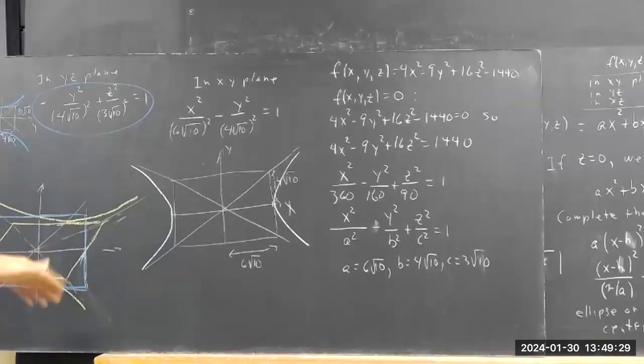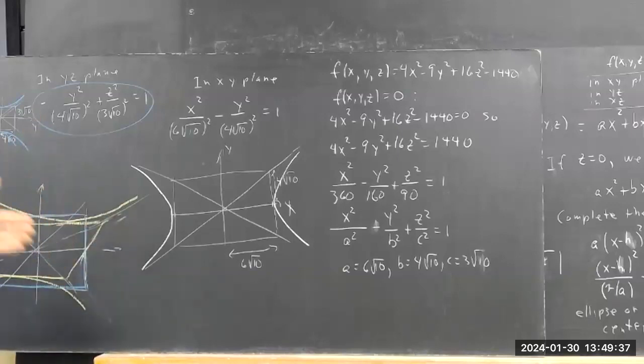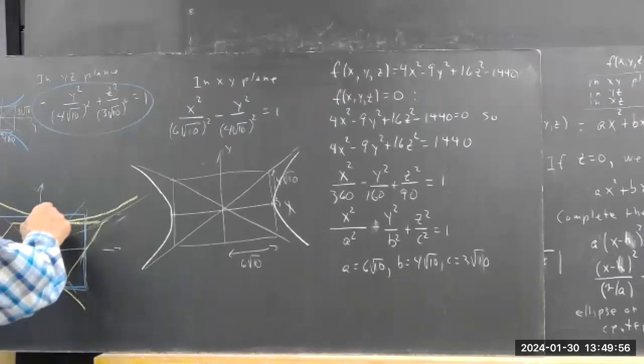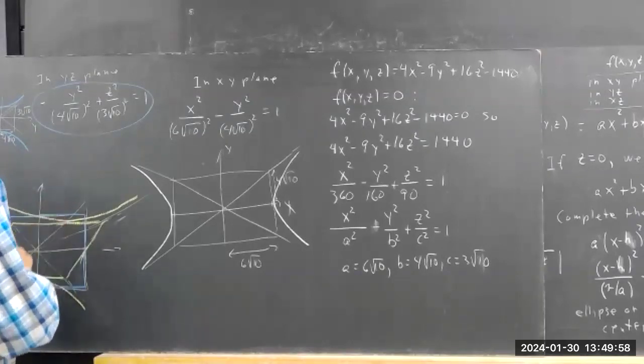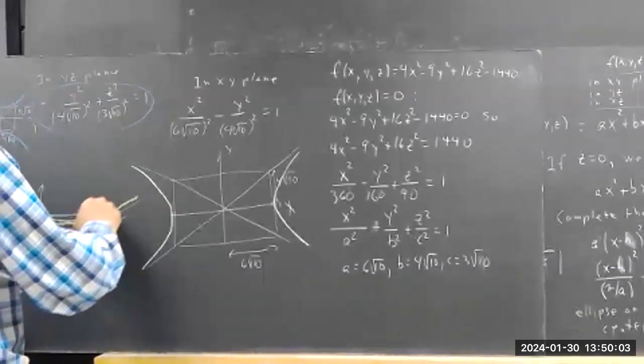Now, does it look like these rectangles are at right angles? Does it look like this one's in the XY plane and this one's in the YZ plane? It's like you rotate this one up and you get this one. Hopefully it looks like that. Then the thing intersects the Z axis. So this hyperbola, draw my asymptotes.